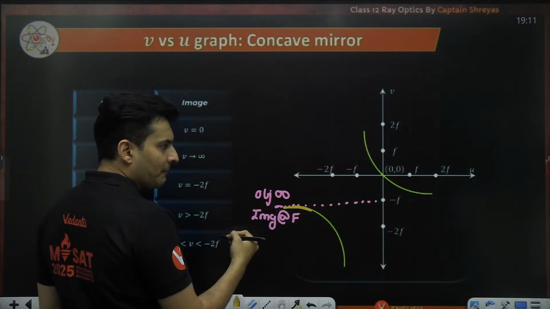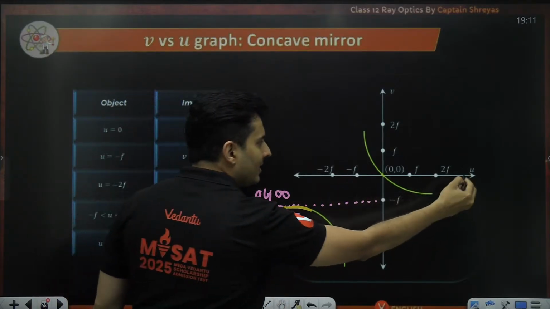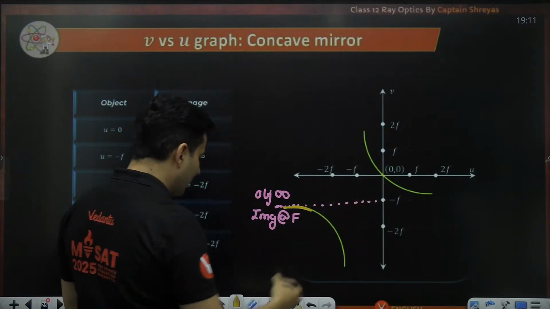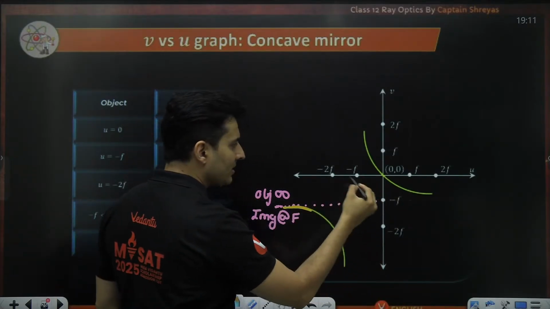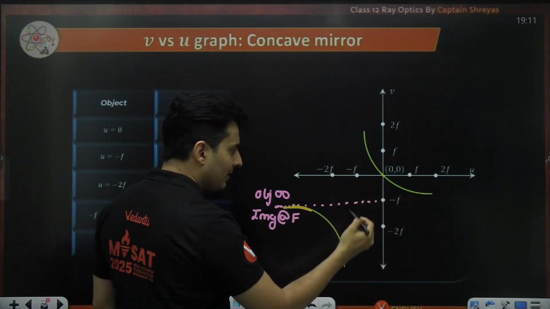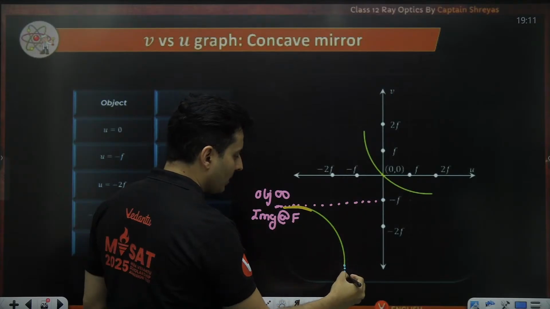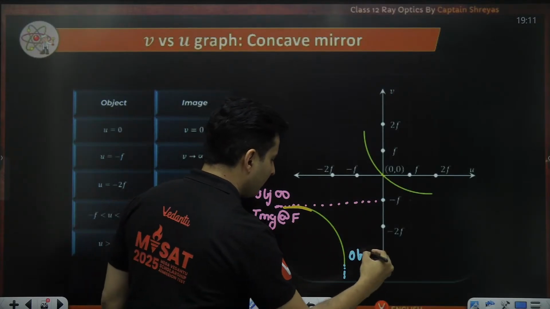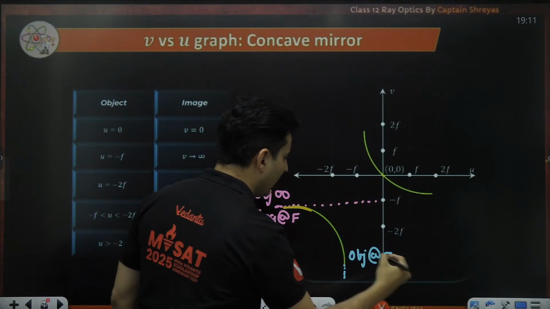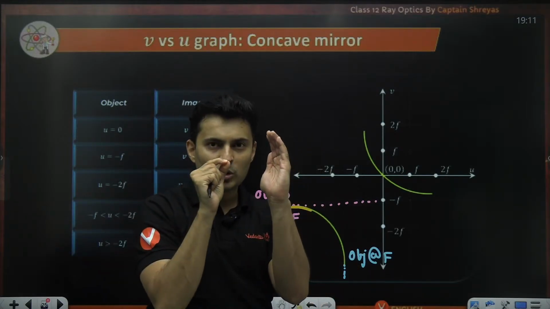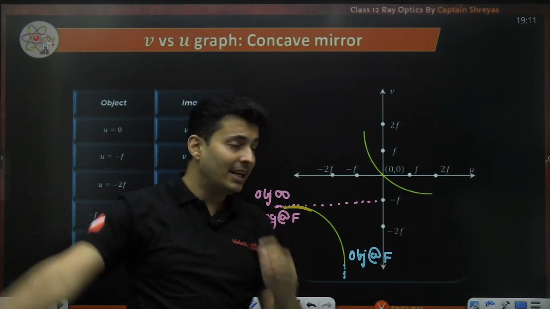Is that making sense? Similarly, when the object distance u becomes minus f, the object is very close to f. If the object comes very close to f, the image will be formed very, very far away, at infinity.